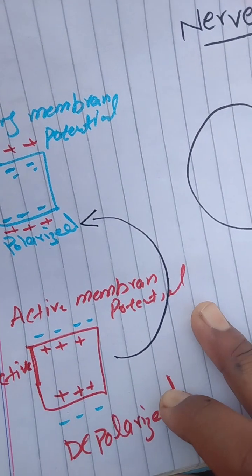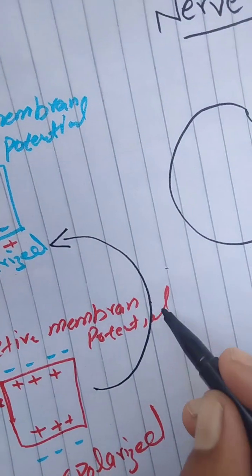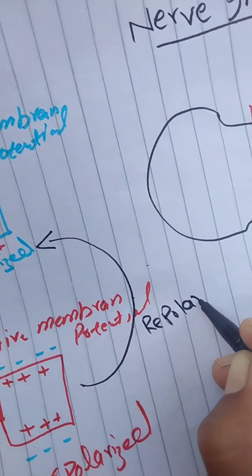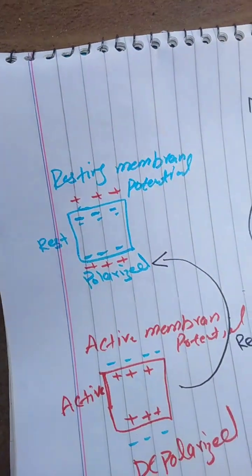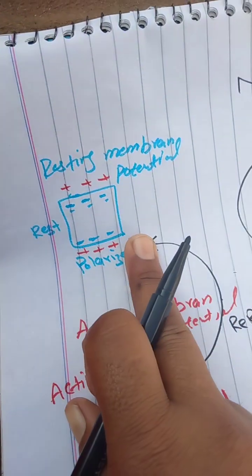This process is called repolarization. When the cell becomes polarized again, the cell returns to the rest condition.